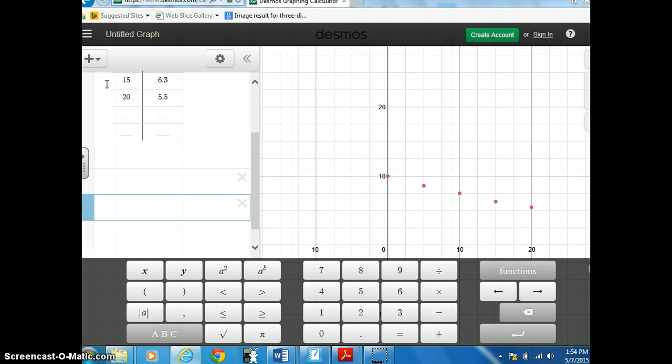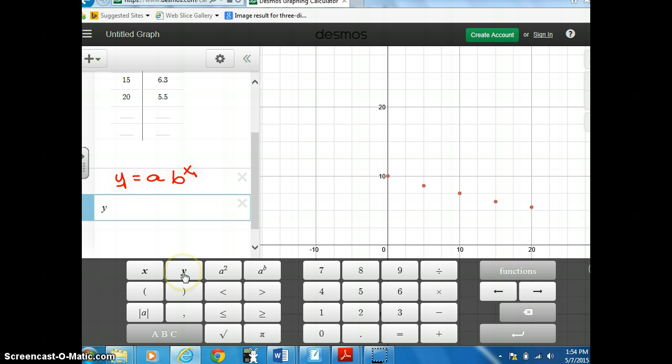For this one, it did say that it's an exponential regression. An exponential equation is in the form y equals a times b to the x. Now in this case, what we want to do is put y sub 1, because in our table the y's are listed as y sub 1 and x sub 1. It's a little bit tricky here.